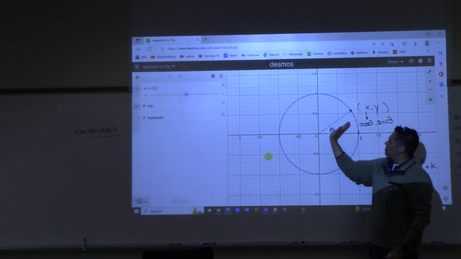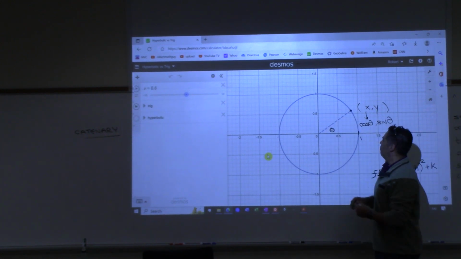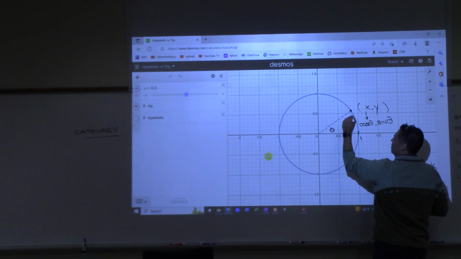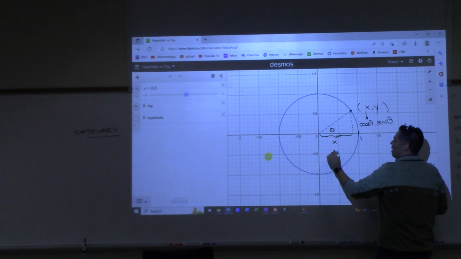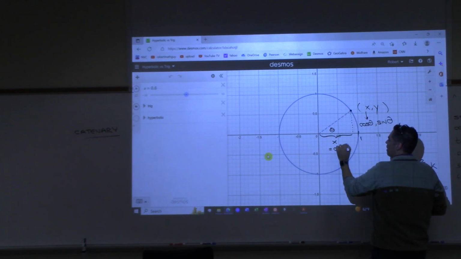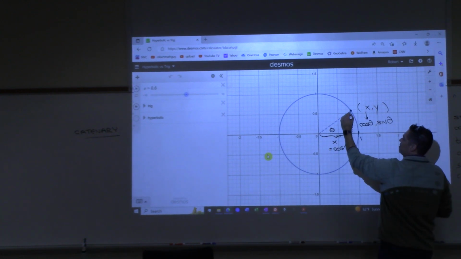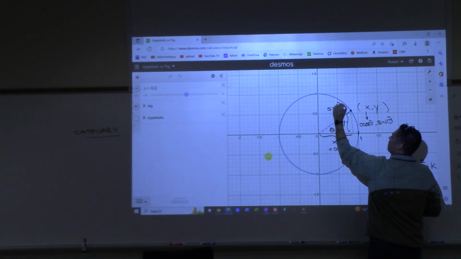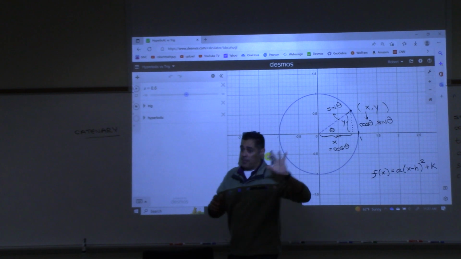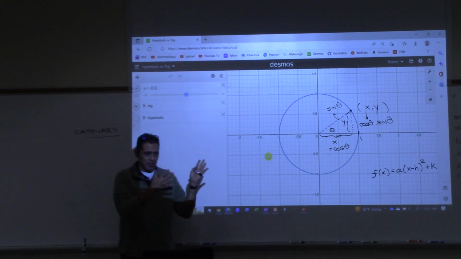As you change this angle, this distance from here to here is x, which is cosine of that angle. And this distance from here to here is your y coordinate, which is sine of theta. Everything we have is based upon that picture.